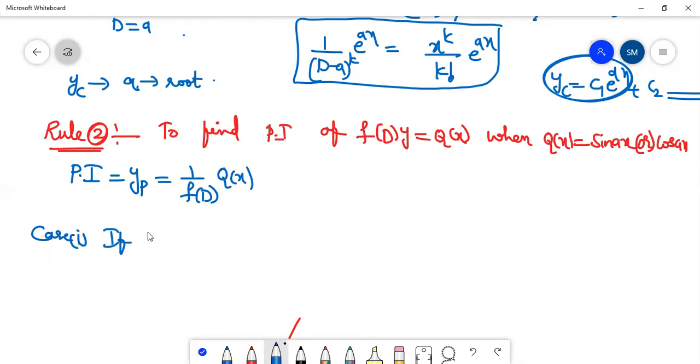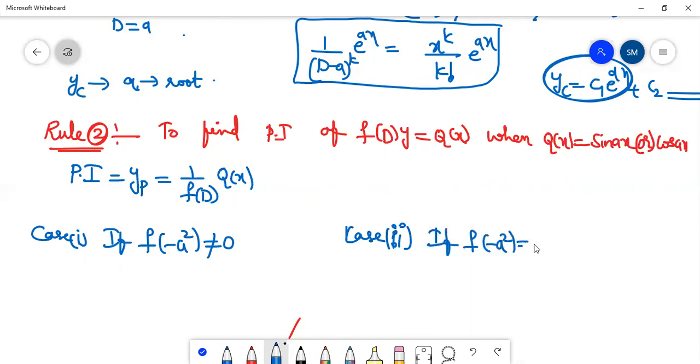if f of minus a square is not equal to 0, and case 2 is if f of minus a square is equal to 0. Just here I am giving the clue. The derivative of sine ax is equal to a cos ax.